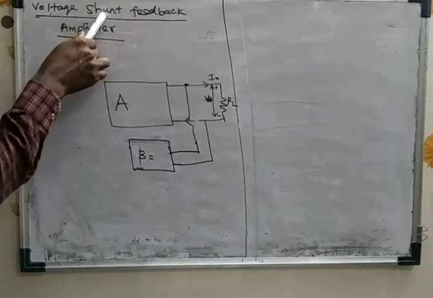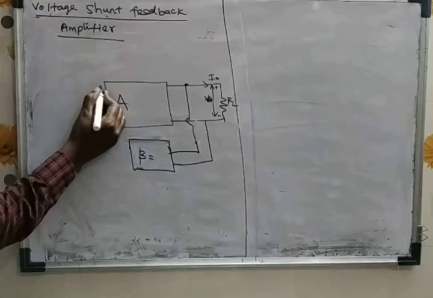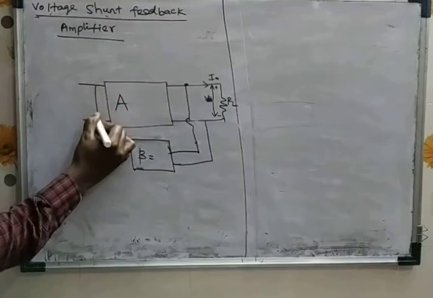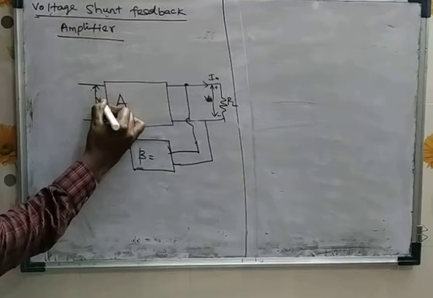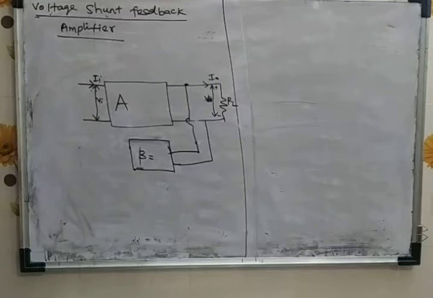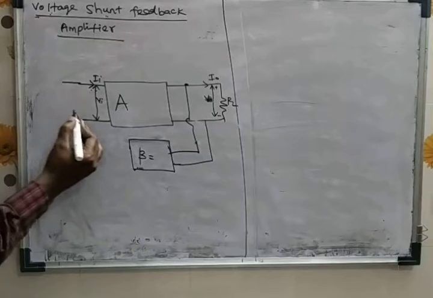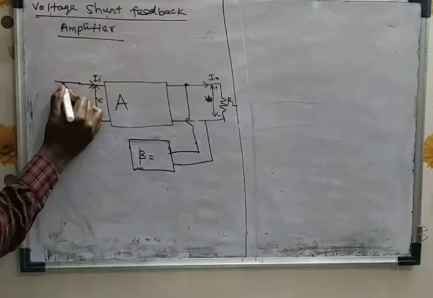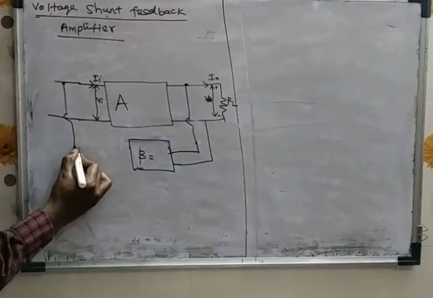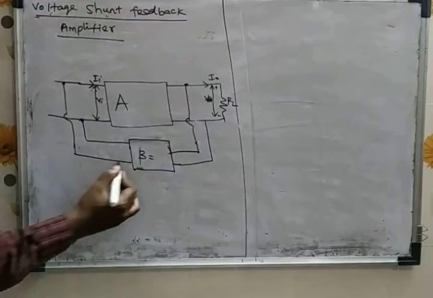Here is the shunt type of mixing. So your mixing is shunt type. We have amplifier input Vi, and the current flowing through the amplifier is I. So shunt mixing means parallel mixing. So connect the feedback circuit like this.